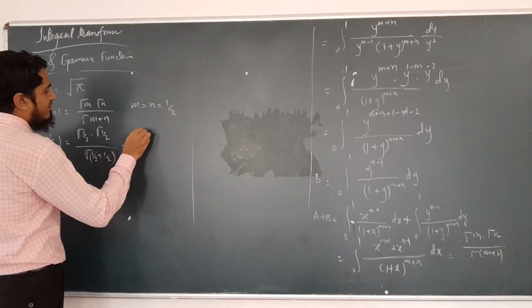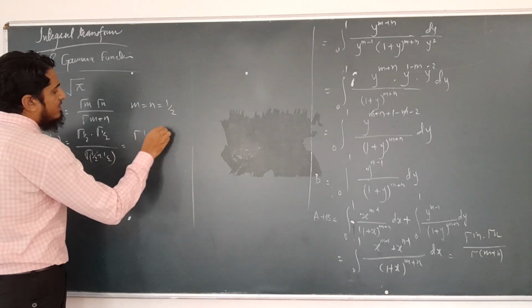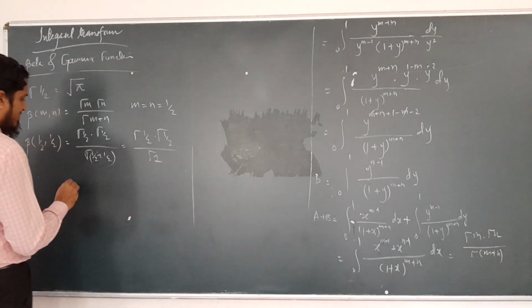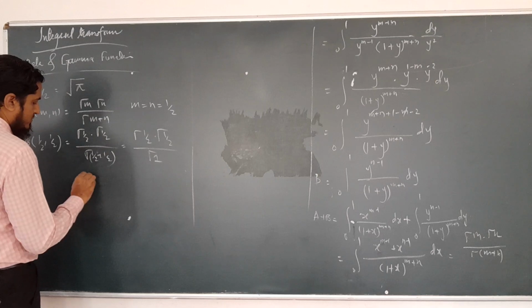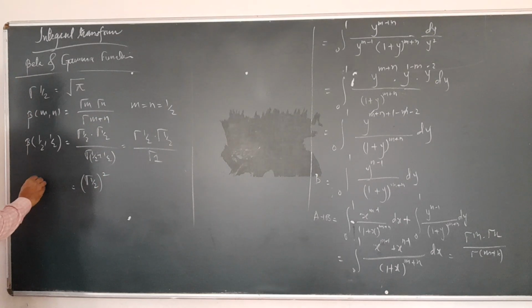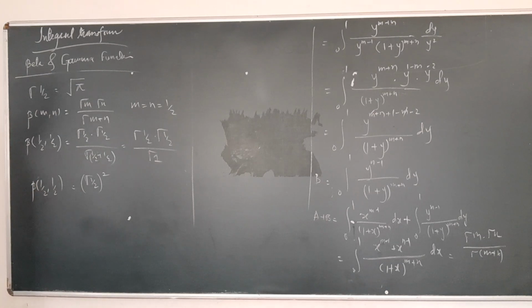We get gamma of 1 by 2 into gamma of 1 by 2 over gamma of 1, and gamma of 1 is equal to 1. So we will get gamma of 1 by 2 square equals to beta 1 by 2, 1 by 2.